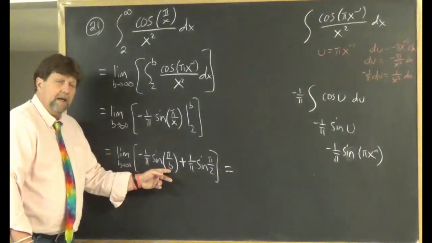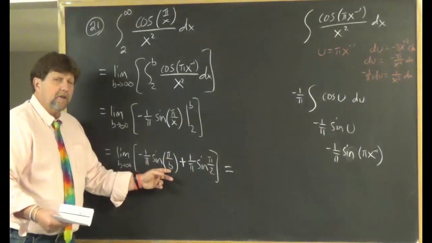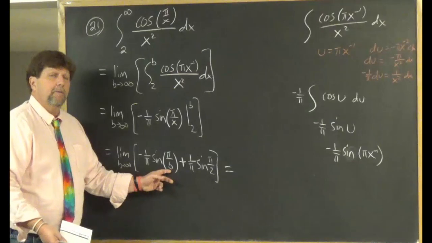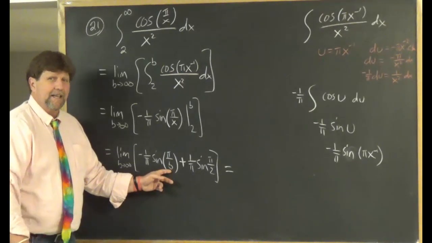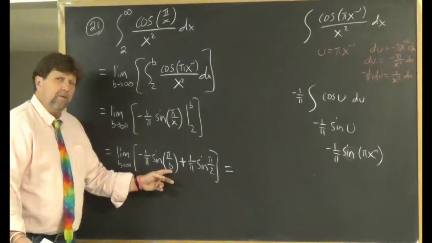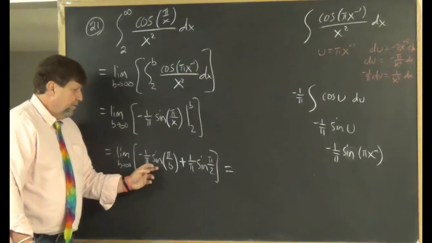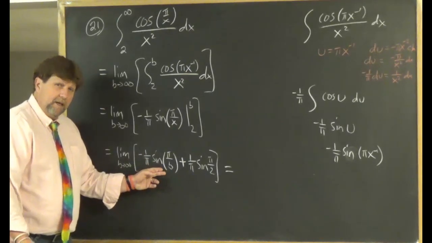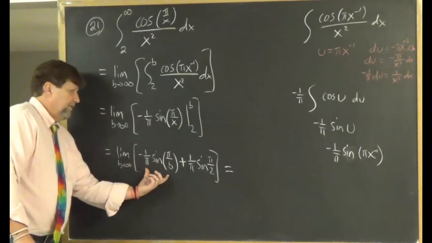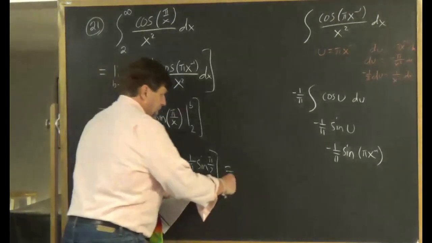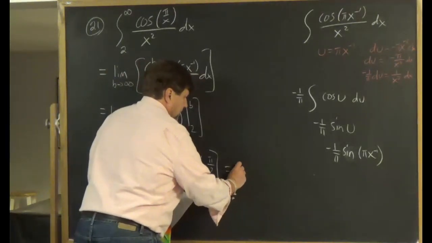So as b gets incredibly large, pi divided by an incredibly large number is heading to 0. The sine of 0 is 0. So negative 1 over pi times 0 is 0. So the limit as b goes to infinity of this first term is 0.